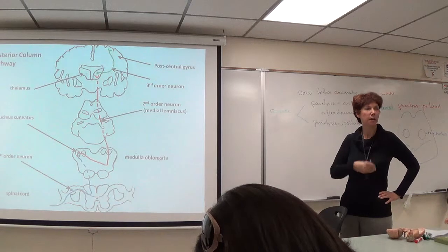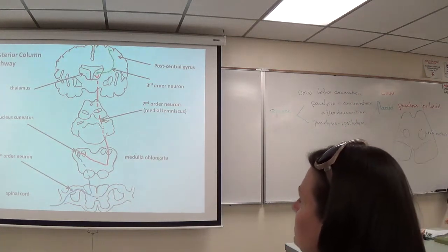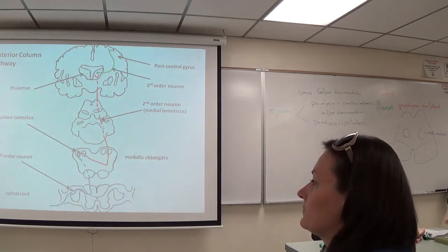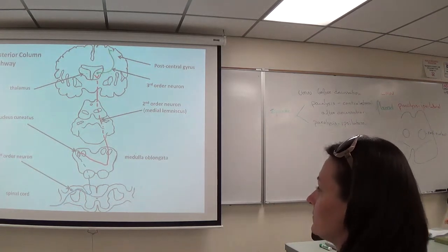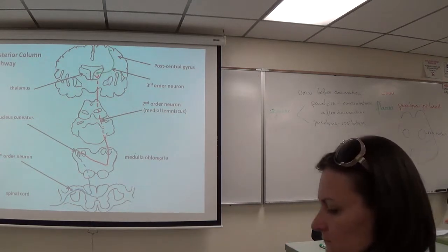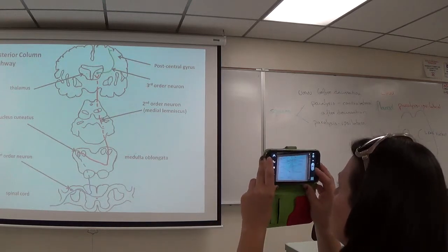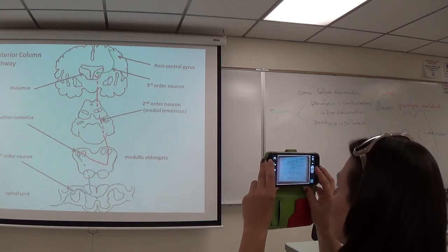All right? So these are about 8 points for the diagram. There would be points possible for putting the neurons in the right place, and points for naming them, so calling it the first order neuron instead of the lower motor neuron. And then I would say identify all the nuclei, ganglia, and gyri involved.